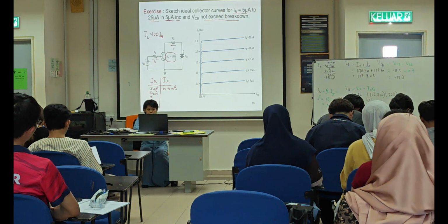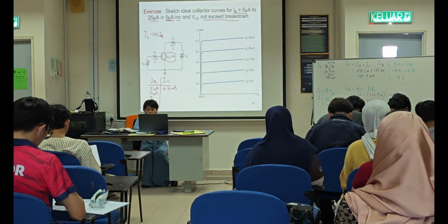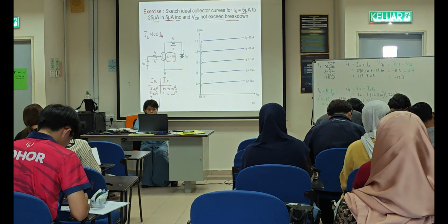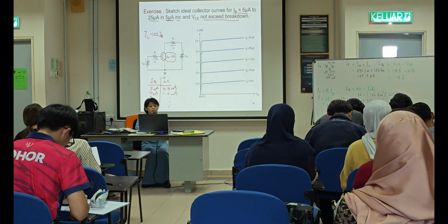And then here also the same, you multiply by 100, you get 1 milliampere. You multiply all of them, and then you start to draw.